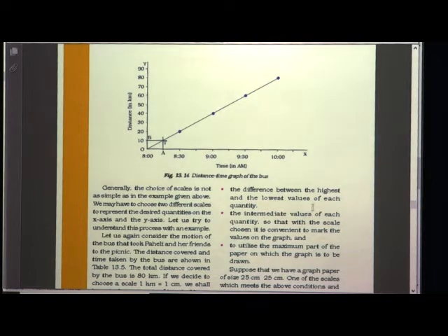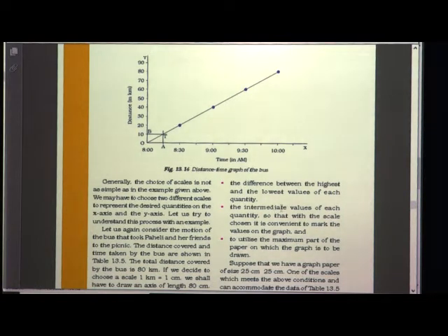Okay, so like this you have to take the values. You have to think about the lowest value, which is 0, and the highest value, which is 80. Here 8 is the lowest value and 10 is the highest value for time. So you can see the intermediate values of each quantity, so that with the scale chosen it is convenient to mark.